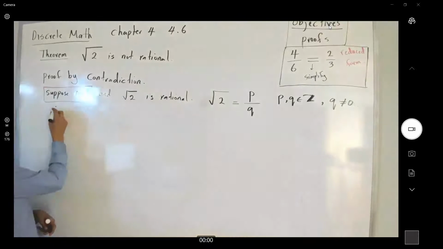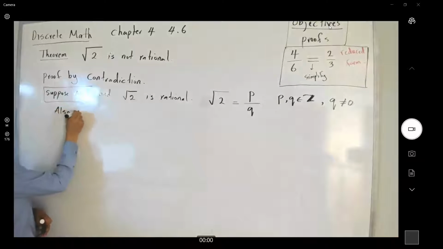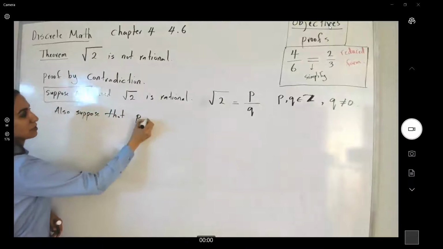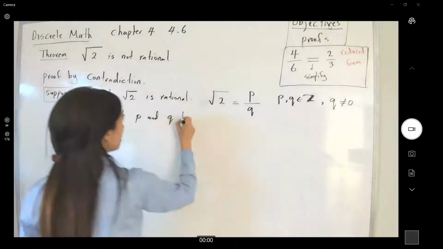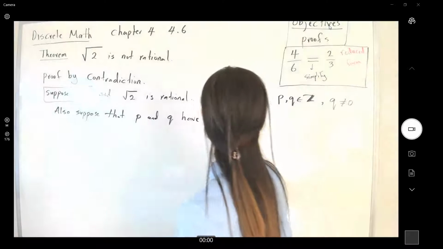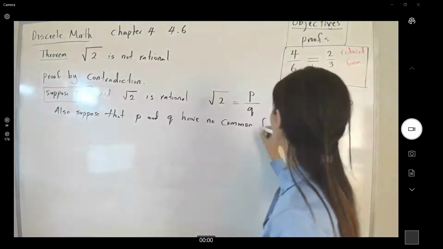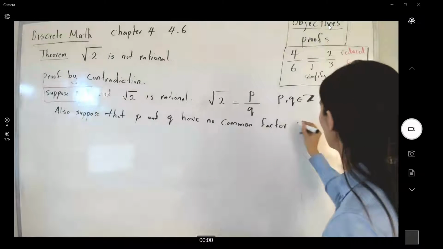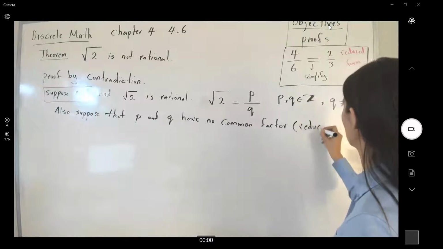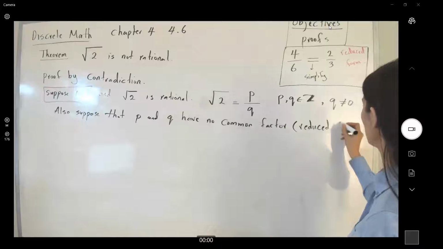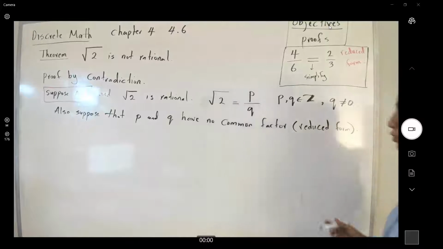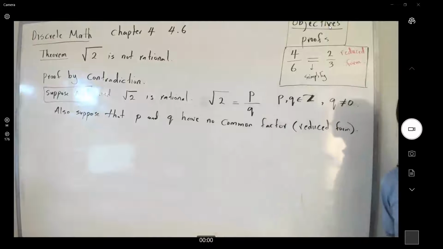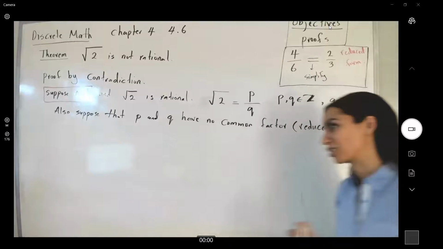So also, suppose that P and Q have no common factor, reduced form. We're imposing a new assumption that helps us to reach a contradiction.